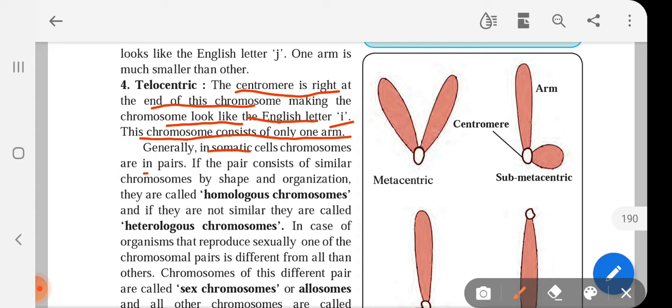Generally, in somatic cells, chromosomes are in pairs. If the pair consists of similar chromosomes by shape and organization, they are called homologous chromosomes.